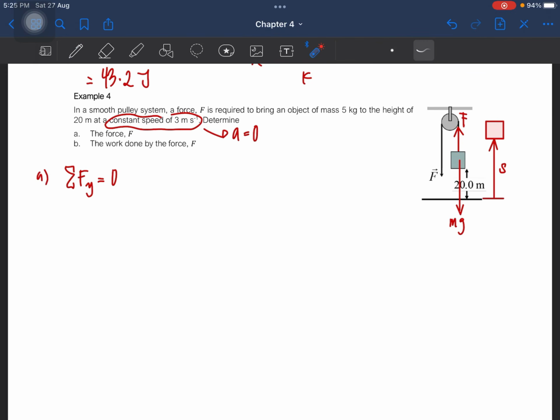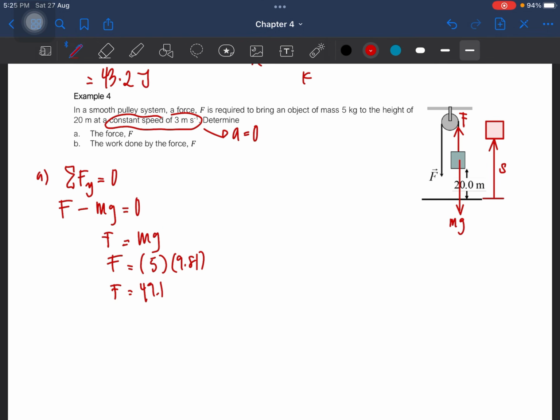Sebab sekarang ni the motion is at a constant speed and we are looking at the y component only. Okay, so that is F minus mg equal to 0. So force is equal to mg. So m is 5, 9.81. So nilai force is equal to 49.1 Newton.